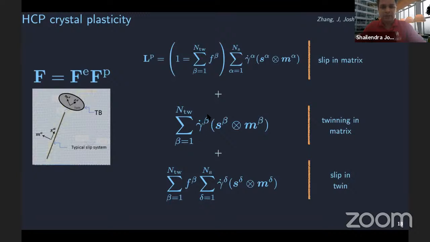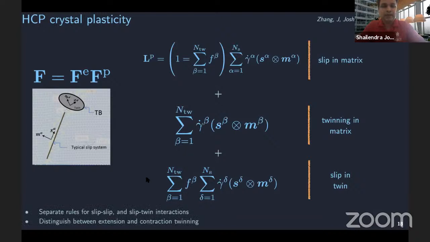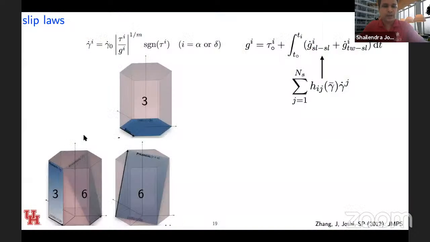Similarly, we have a constitutive law for viscoplasticity. Basically, we use rate dependent viscoplasticity here. We have gamma dot beta for twin shear rate evolution on a twin system beta. And I smeared out everything in these two statements, saying that we have different rules for slip and slip-twin interactions, but the details are here.